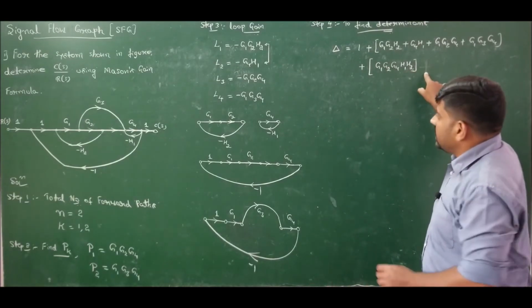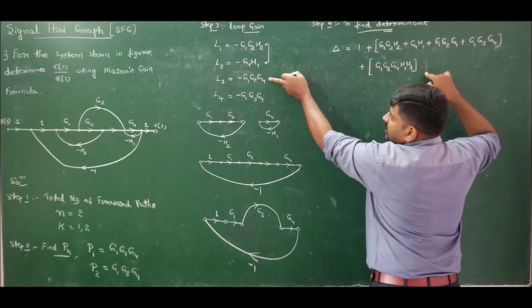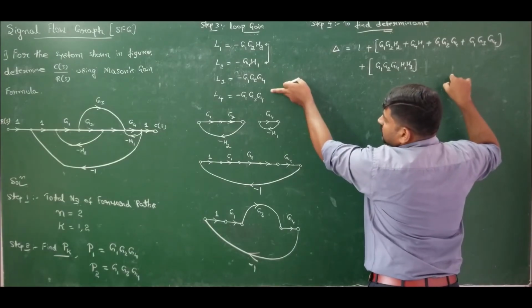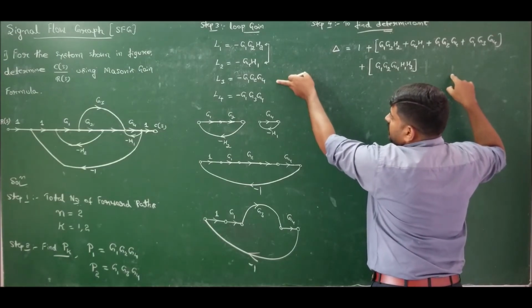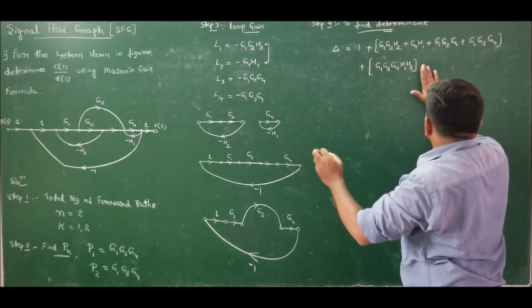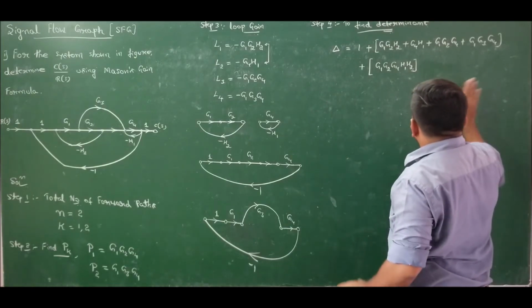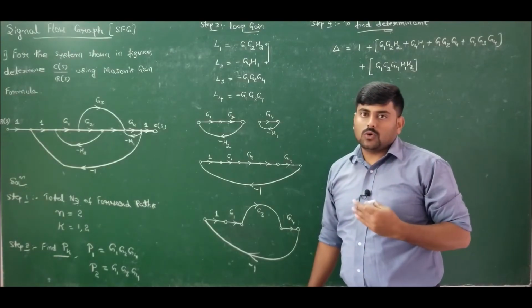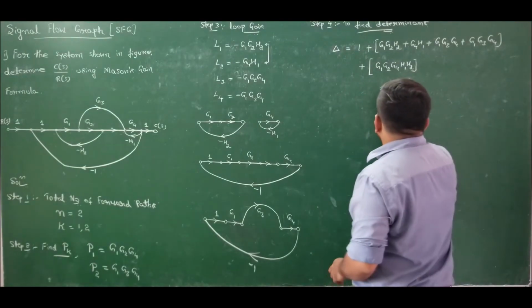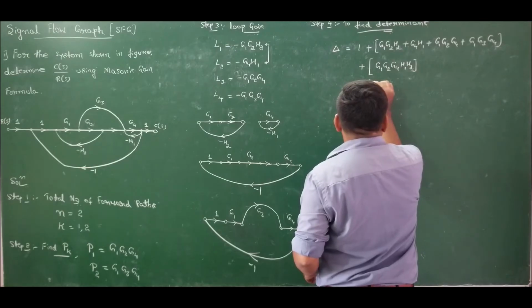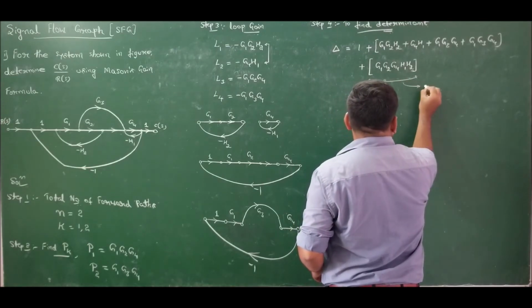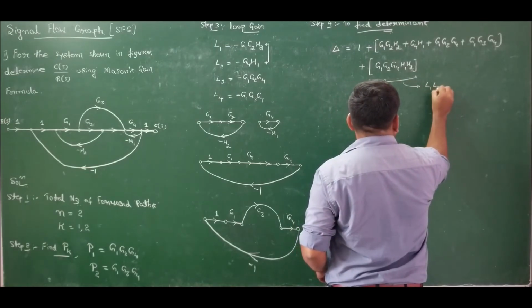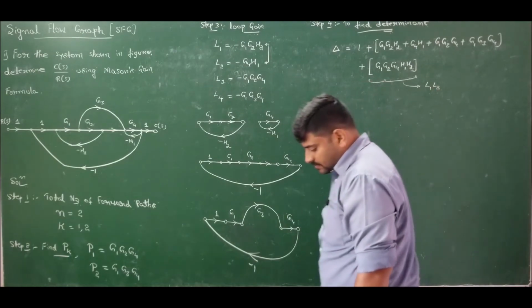If L2 and L3 were not touching, again I should write L2 L3. If L2 and L4 were not touching, again I should write L2 L4. Like that it continues for the sum of gain products of two non-touching loops. Similarly, you should write for three non-touching loops. Hope it is clear. So this is L1 into L2, that's it.